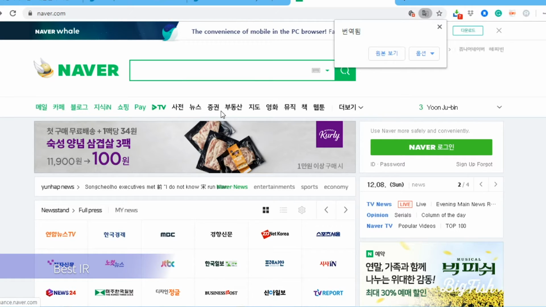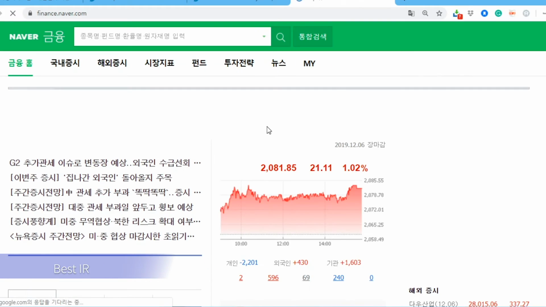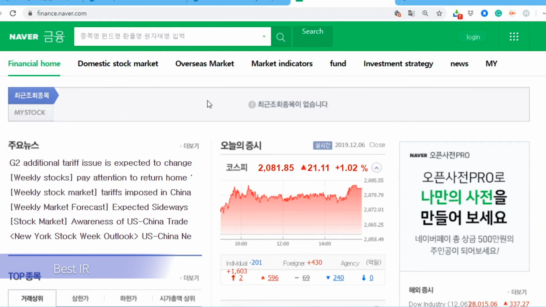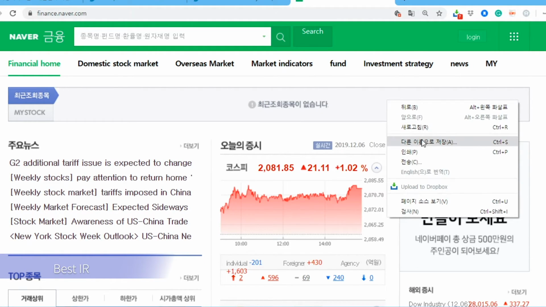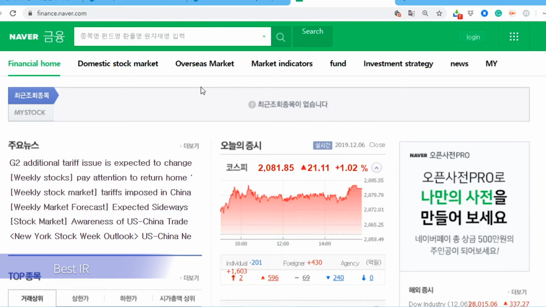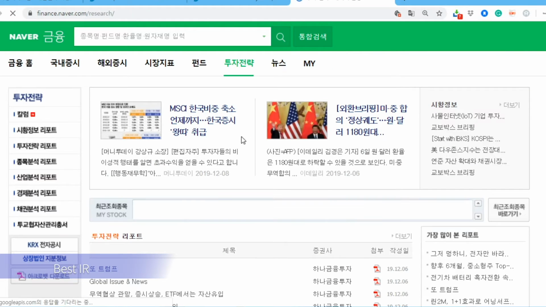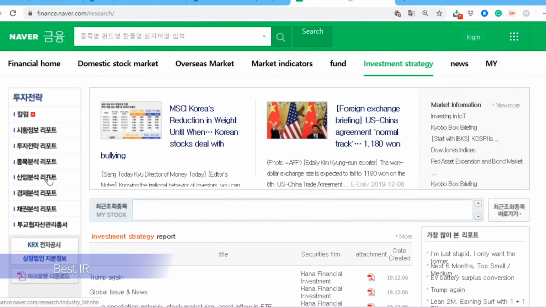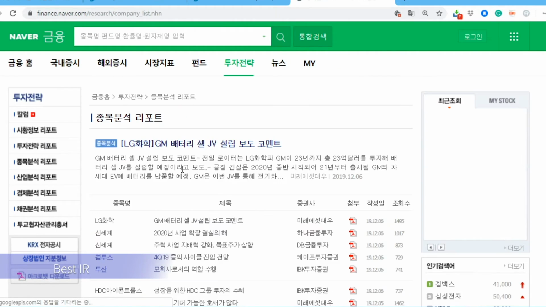So you want to check out this letter here. You would push that, and then after googling it with the translation, this is what you're going to come out with. And then in the investment strategies, you would have a report on the company.